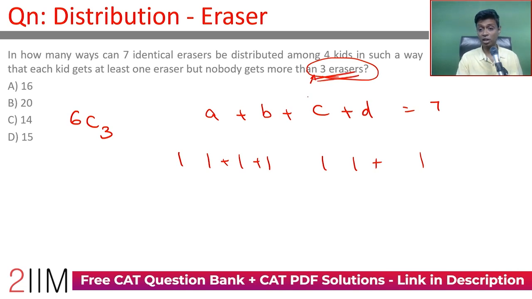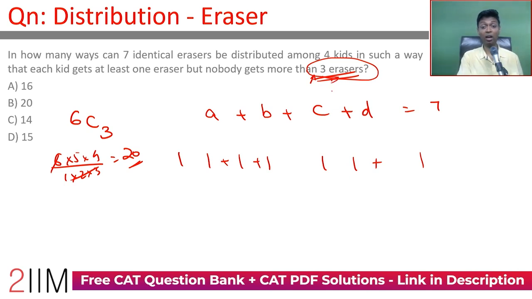I've forgotten this constraint, remember. So 6C3 ways are there of distributing 7 identical erasers among 4 kids. 6C3 is 6 into 5 into 4 by 1 into 2 into 3, which is 20. So 20 ways of doing this, if we don't keep this constraint.